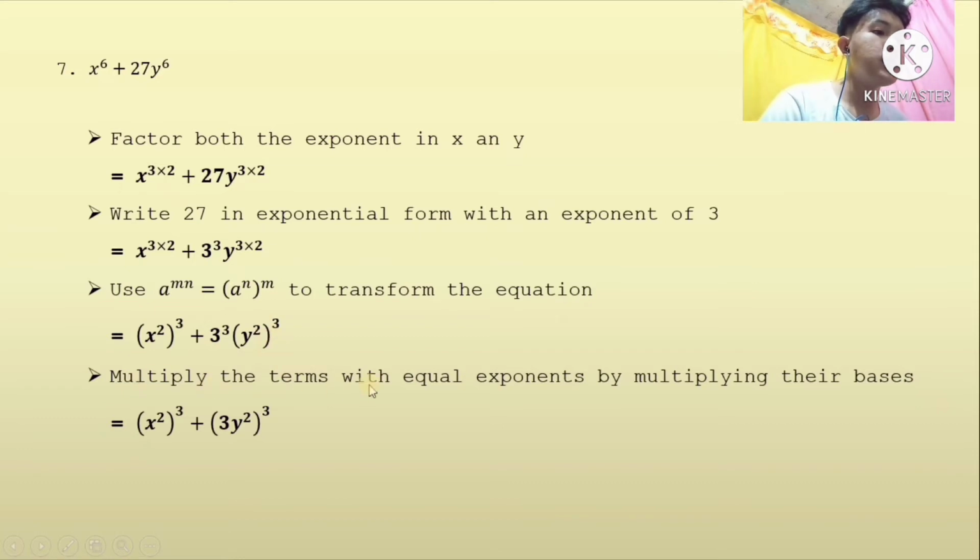Then multiply the terms with equal exponents by multiplying their bases. Multiply 3 raised to 3 times y squared raised to 3. So our equation will be x squared raised to 3 plus 3y squared raised to 3.